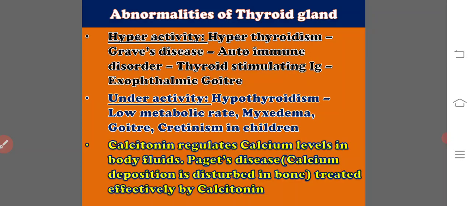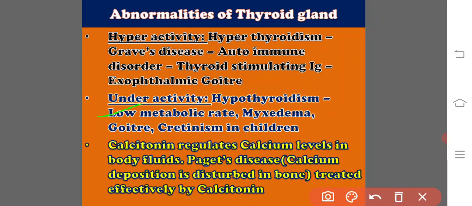Hyposecretion of thyroid hormones decreases the rate of metabolism, low metabolic rate. And low body temperature, weight gain, reduced appetite, reduced heart rate, reduced BP, decreased muscle tone, constipation, drowsiness, and apathy are the major symptoms of the disease.